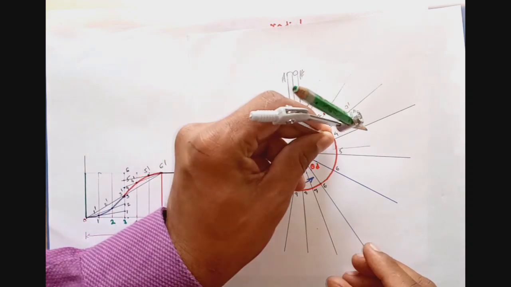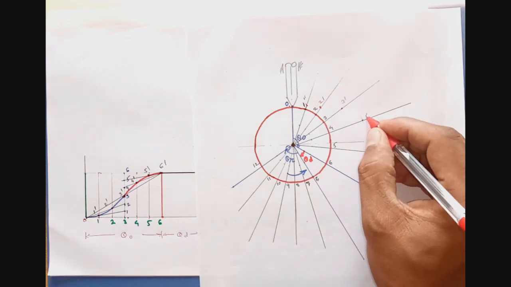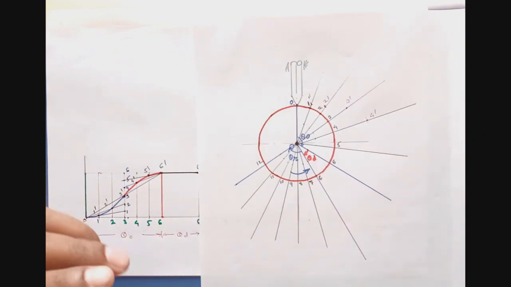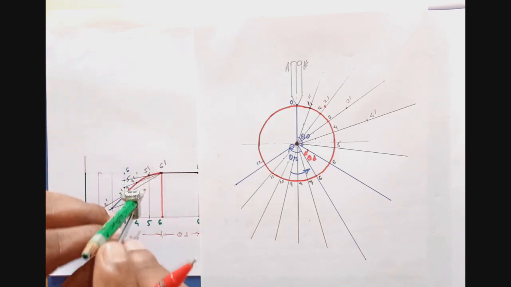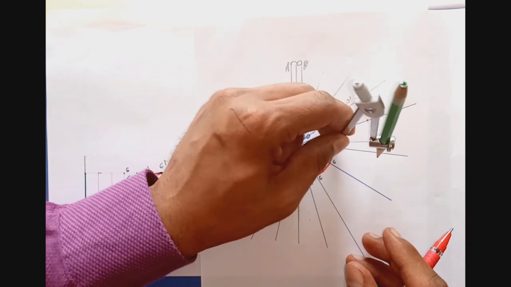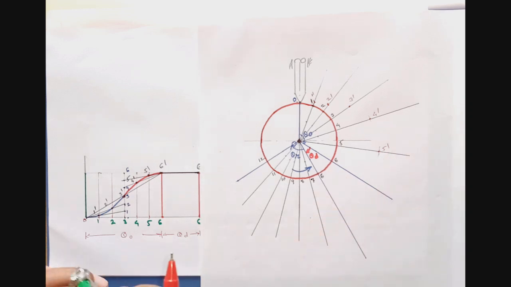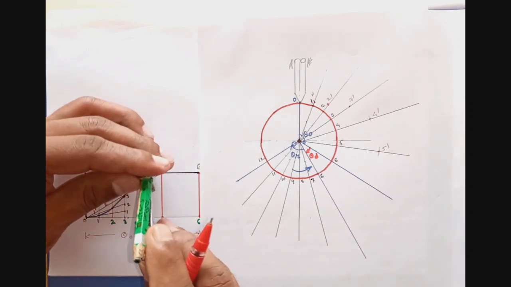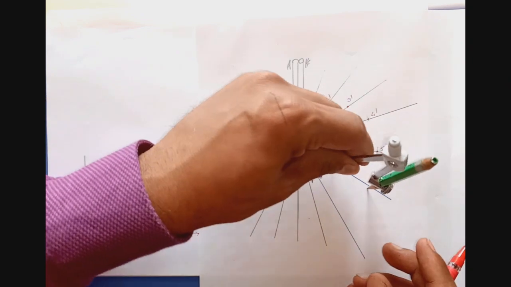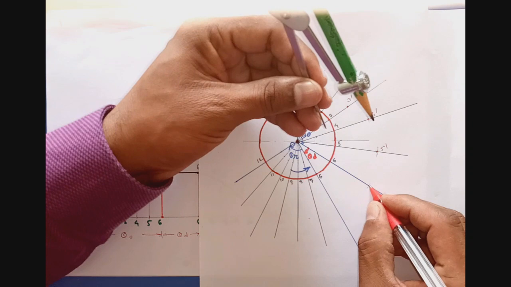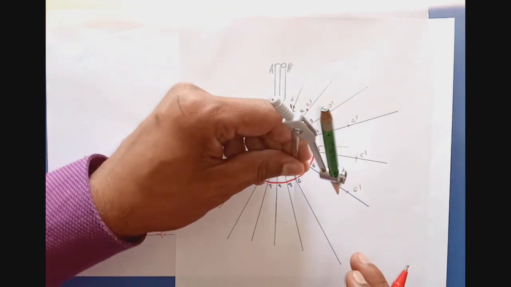This is 4 dash. At the instance number 5, displacement is 5 to 5 dash. And at instance number 6, displacement is 6 to 6 dash. We will continue with the return stroke.